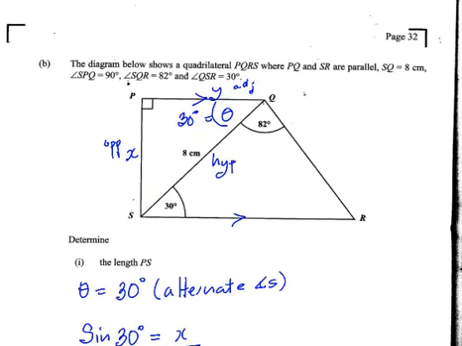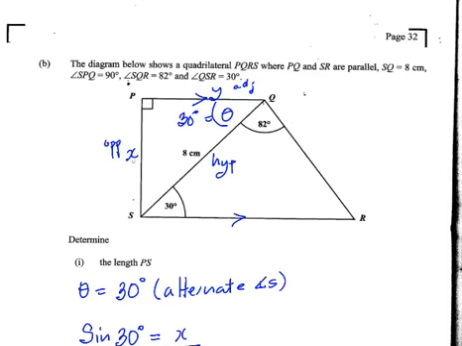The area of a trapezium is half the sum of the parallel sides times the perpendicular distance between them. We have the perpendicular distance. I need to know the length of this side, which I'm going to call Z.